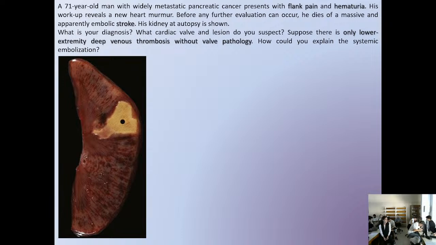And since renal arteries are terminal arteries, there was no way that other blood would come there from any other source. That's why the infarct you see here is pale and not hemorrhagic, because renal arteries are terminal arteries. No adjacent circulation, no dual circulation, as we said last time.